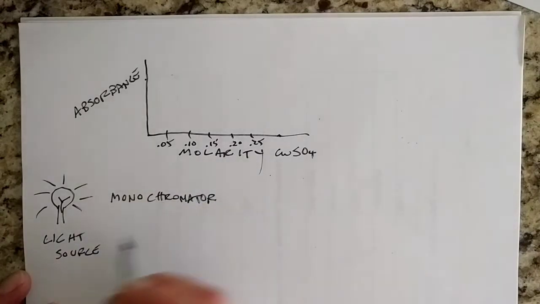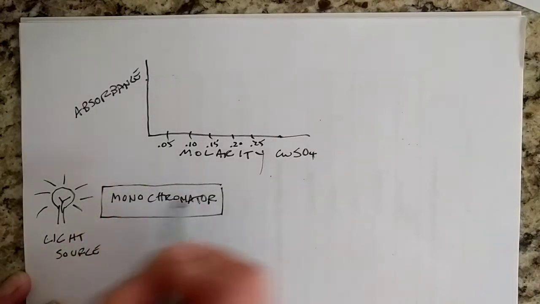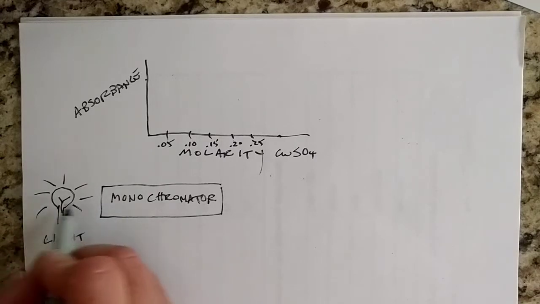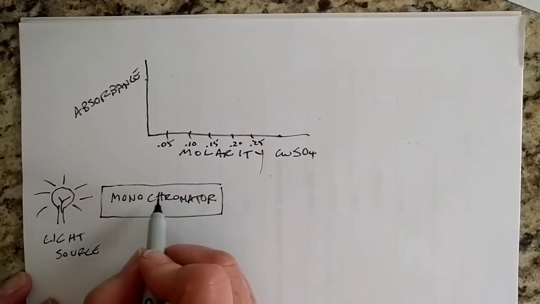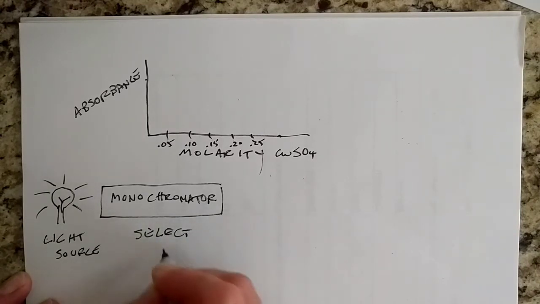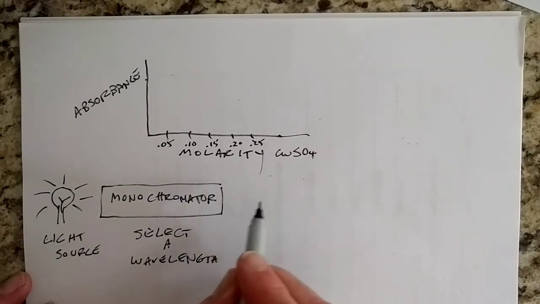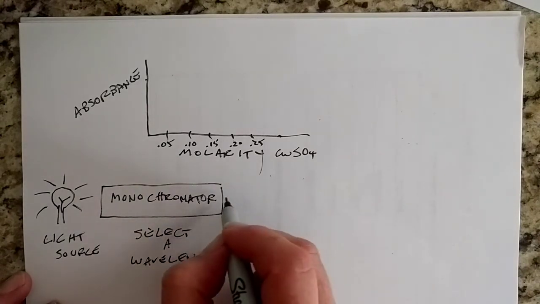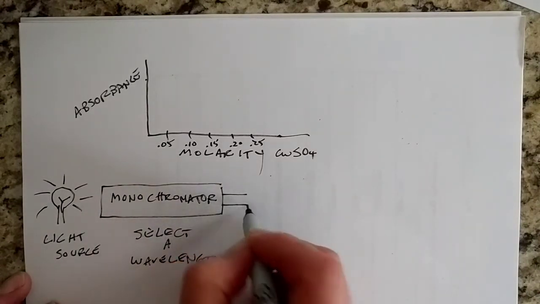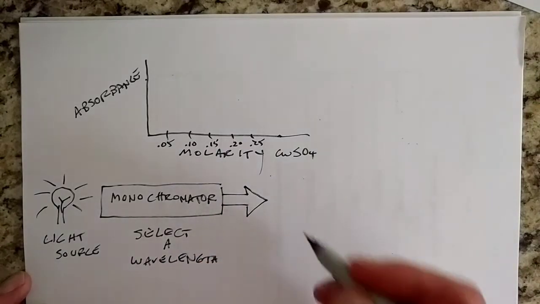So when this light with all these different wavelengths comes into our monochromator, we have to select a wavelength. So our monochromator outputs a single wavelength. So we have a lot of light coming out, but it's at one wavelength.